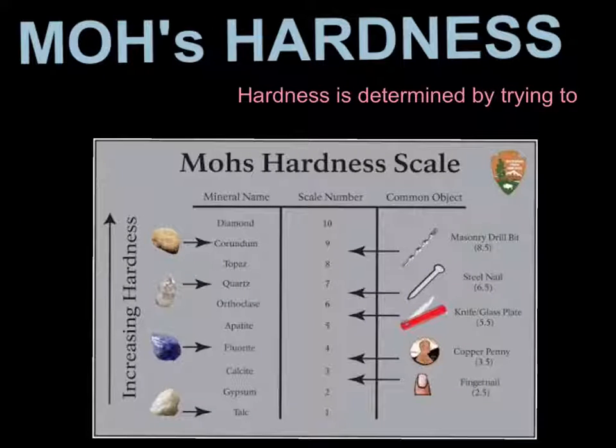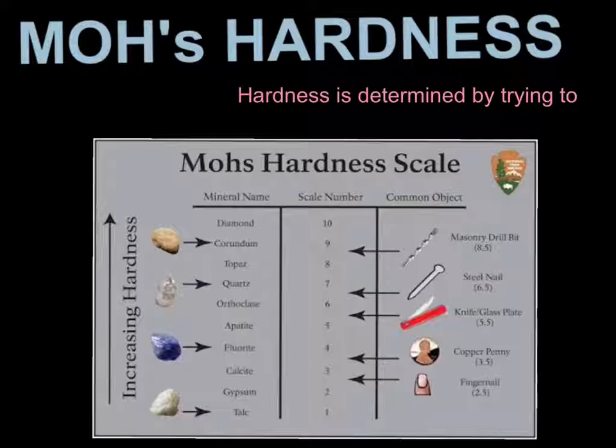As I said, the hardness is determined by trying to scratch a mineral. Here's a look at a table that we'll be using in our attempts to identify some minerals. We have some common objects, things like your fingernail, some copper pennies, steel nails, and bits of glass as well. You can try and scratch some different minerals. If your fingernail is able to scratch the mineral, that gives it a hardness of 2.5, which means it's very, very soft and it's likely to be either gypsum or talc.